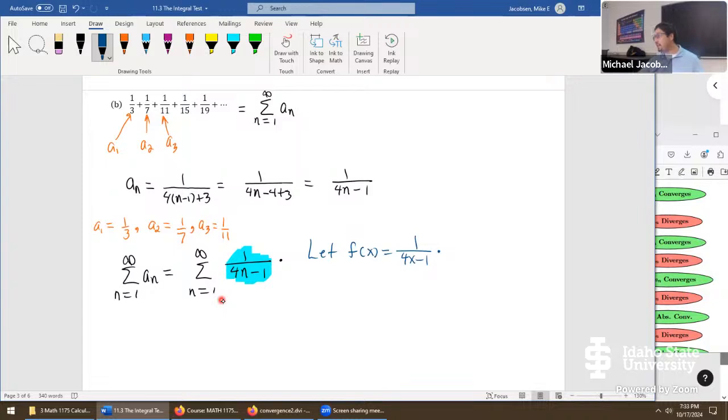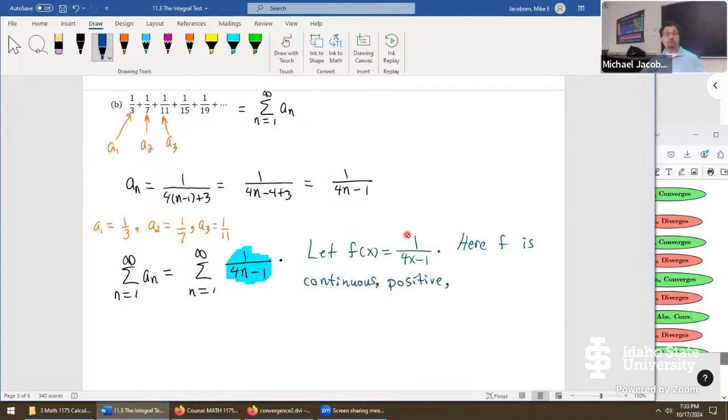So we can say here, f is continuous. It's a positive function because we're only going from 1 to infinity, so only positive values can occur here. We can't plug in a 0 to get a -1, in other words. So it's positive.